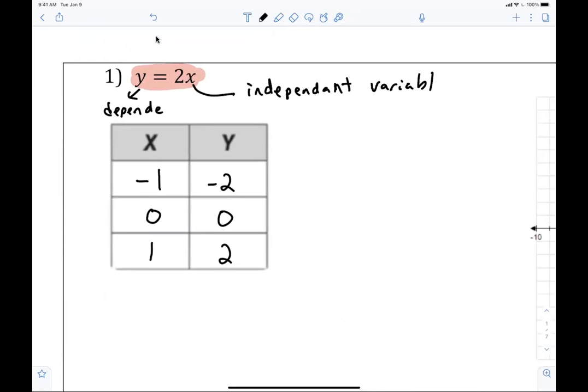Is it ENT or ANT? ANT, right? That's what I thought. So y equals 2x. X is called the independent variable, and y is called the dependent variable. Now that's going to be important in a minute when I show you something on your calculator. So that's just what they're called.